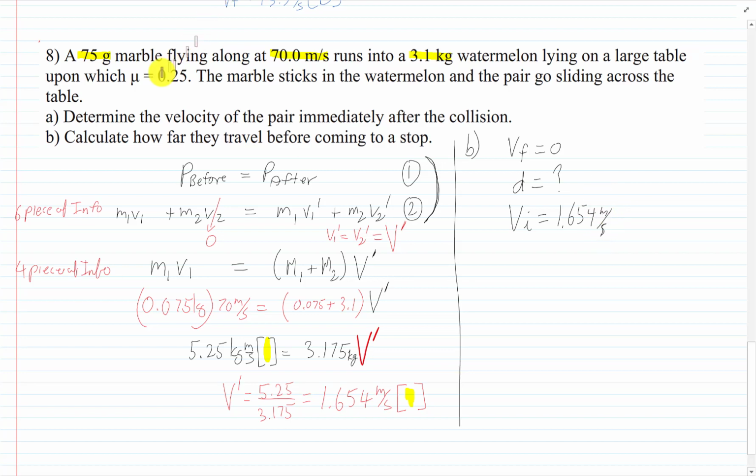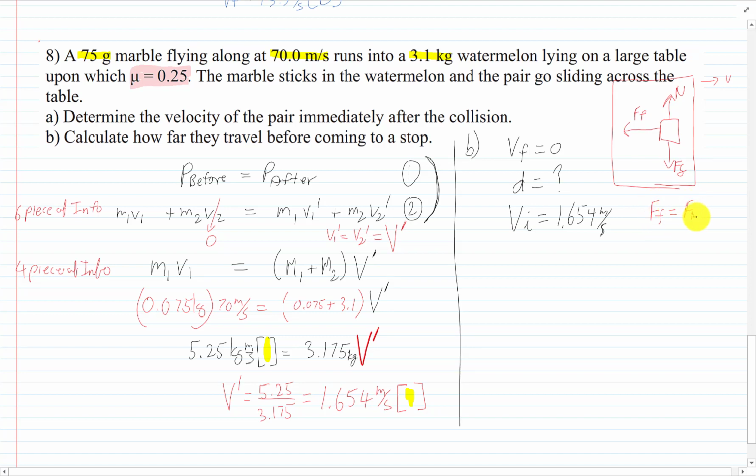But we have this weird piece of information that they gave us, the coefficient of friction. Free body diagram. There's a normal force. There's a force of gravity. It's moving this way, so friction is moving in the opposite direction. And that's going to be the net force. So we could calculate the force of friction.